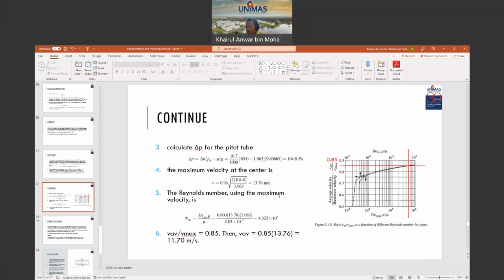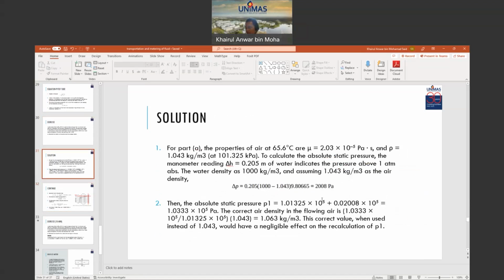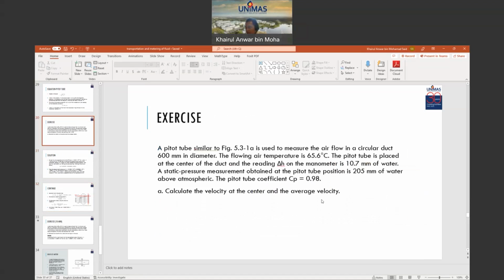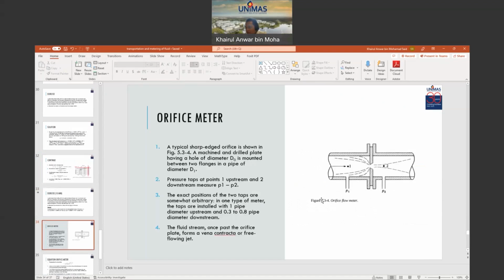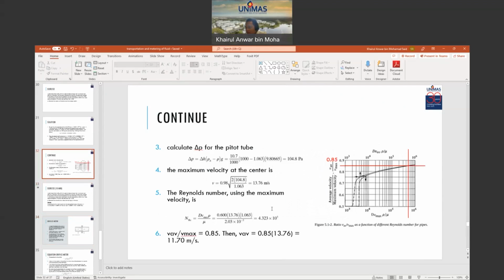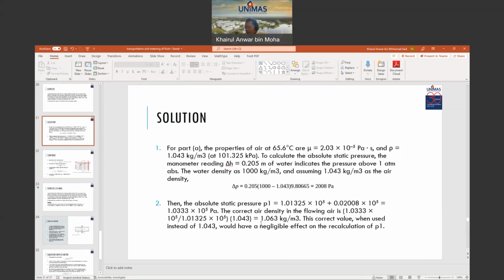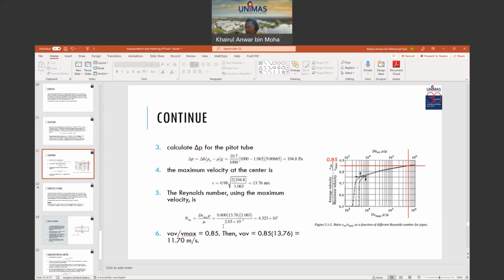The Reynolds number using the maximum velocity: when you calculate the Reynolds number here, D is the diameter, 600 mm, 13.76 is the maximum velocity, 1.063 is the correct air density, over mu, the viscosity.